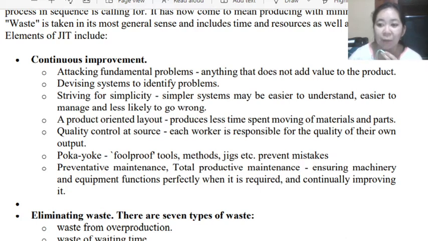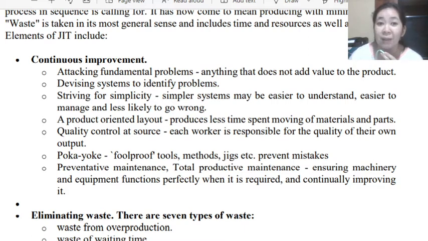Before, we discussed value and non-value adding activities. Here, non-value adding activity should be eliminated, because that is not part of what the customer will pay for in the inventory that they purchase. Another aspect of continuous improvement is that the entity can devise systems to identify problems and address them as soon as possible.